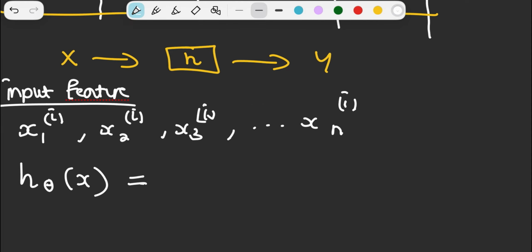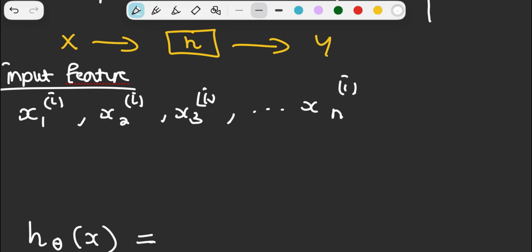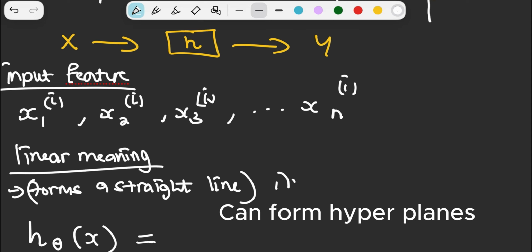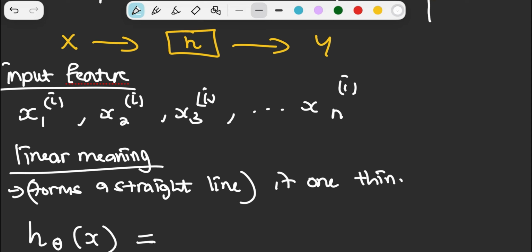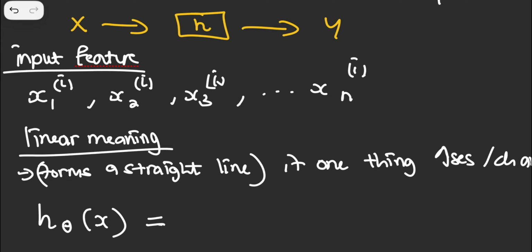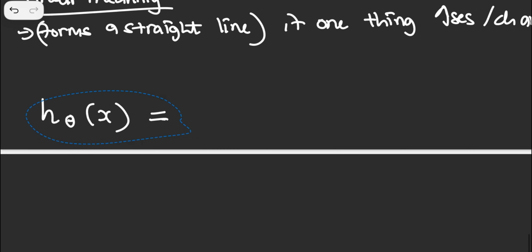Okay, so it's important for us to realize that these things are linear. First, you need to understand what the word linear means. Linear means forms a straight line. But you're going to realize that things get complicated in machine learning. So it's no longer just forms a straight line, but rather linear means if one thing increases or changes, the other increases or changes.